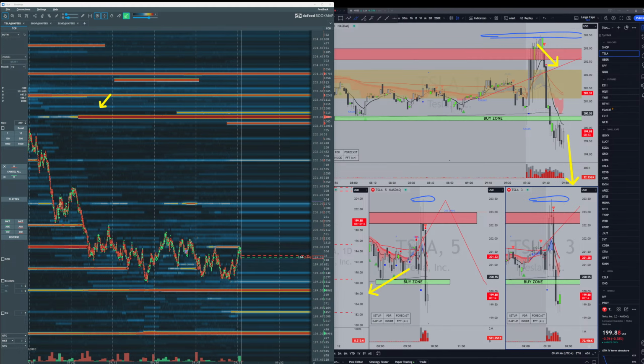Careful traders. Always remember that in any second you can have a spike in volume. And how I look for change in direction.